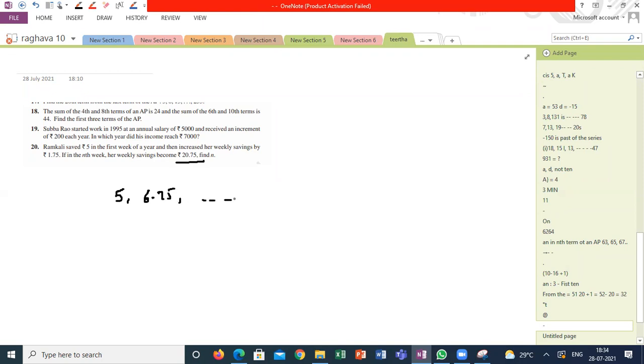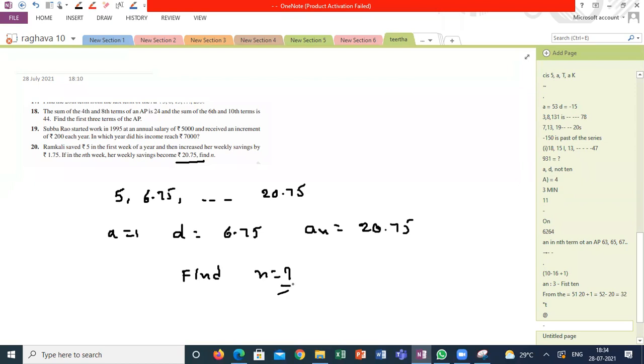Third week she saved 6.75 plus 1.75, and in a particular week her saving is 20.75. So A is equal to 5, D is equal to 1.75, and an is equal to 20.75. Find the n, guys. Please find the n value.